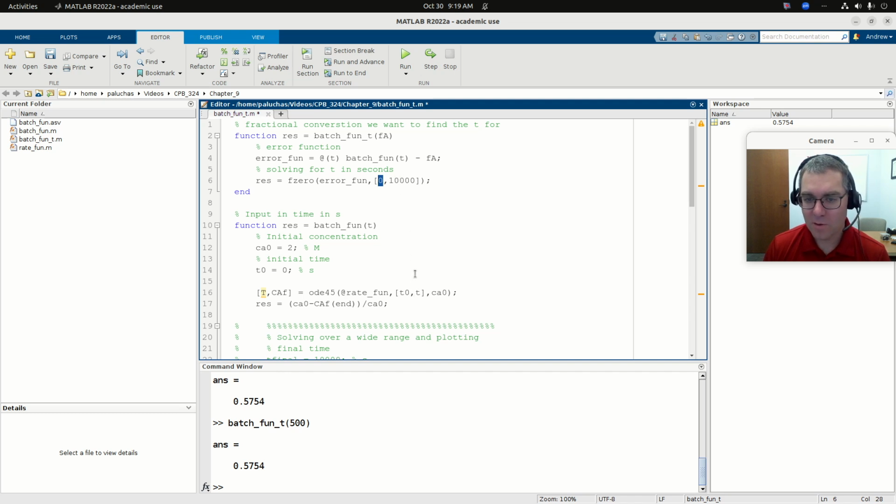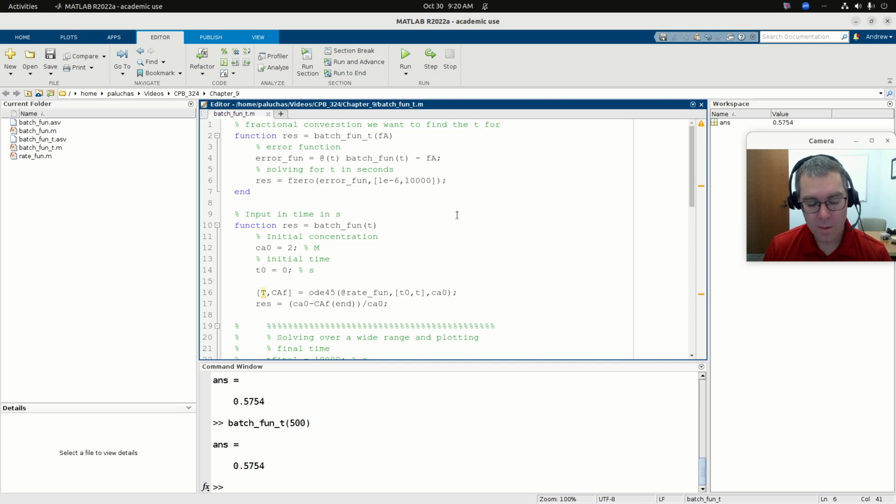And so 10,000 is fine, right? That worked before. But if you give it a value of 0 and it tries to integrate from 0 to 0, you're going to get an error because you can't create a vector that goes from 0 to 0. It's going to be an empty vector, so it's not going to actually do anything. So instead of 0, I just want to make this a tiny value. I'm going to use, say, 1e to the minus 6.